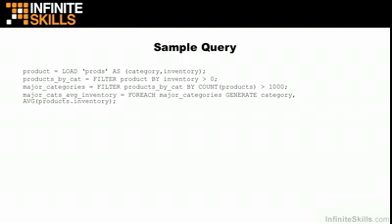Now we're running a for each generate statement. We're saying that for each major category, we're going to generate not only the category name, but the average of the number of products contained in that category. We'll look at this for each generate statement in detail in the next slide. And finally, at the very end of a query, we have either a dump or a store statement.